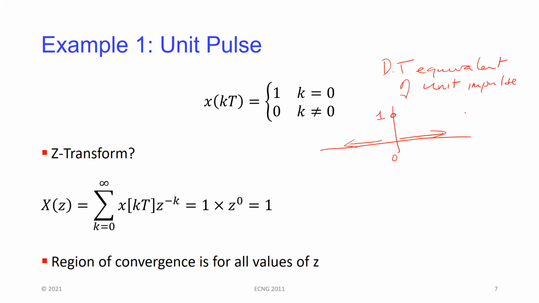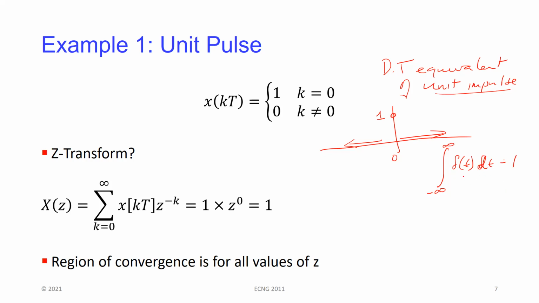And like the continuous time unit impulse, remember the unit impulse in continuous time is really a definition that the integral of delta(t) is equal to 1. In other words, the area of the impulse is 1.